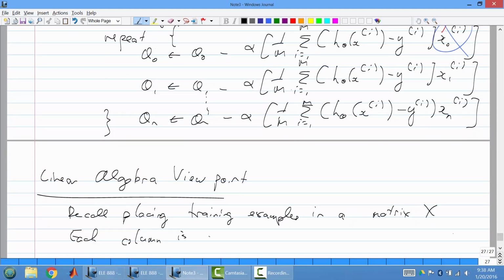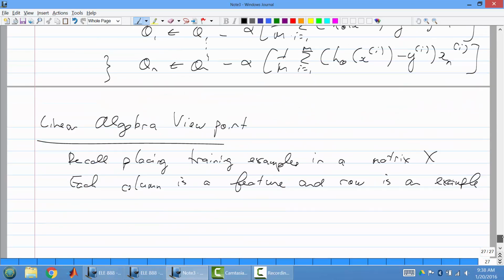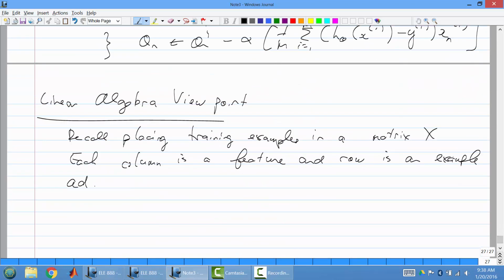And you've got to remember to add a column of 1s before the examples.